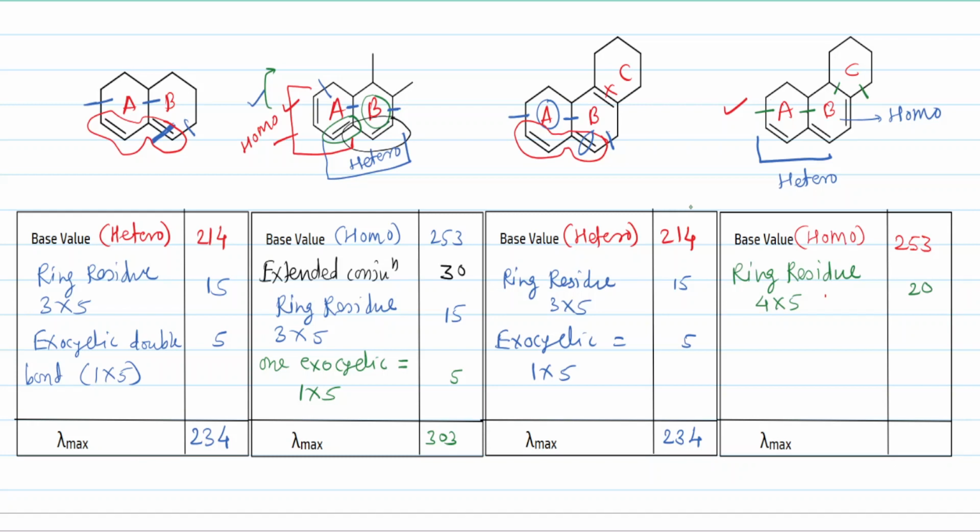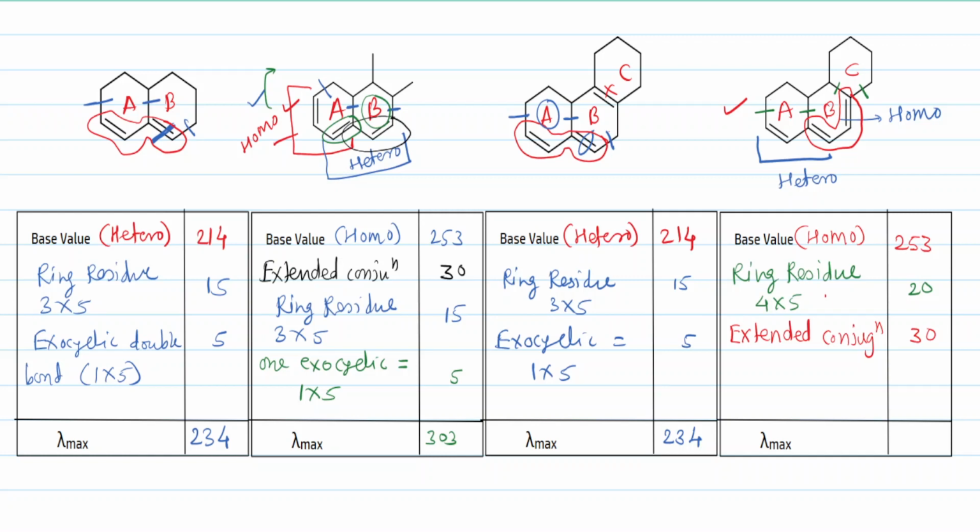Now consider the extended conjugation. This is the diene system, and beyond it there is a single bond and a double bond. So this is the extra conjugation. We write here extended conjugation, and how many conjugations? One. So we add 30 nanometer. Here, as there is a ring present, we have to consider the exocyclic double bond.